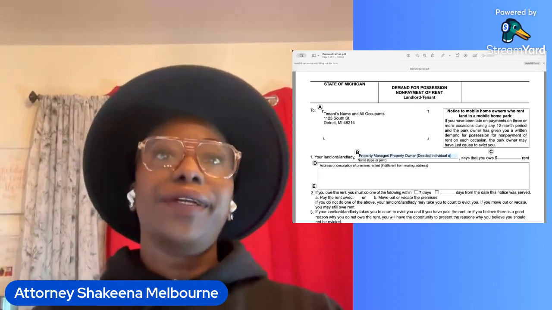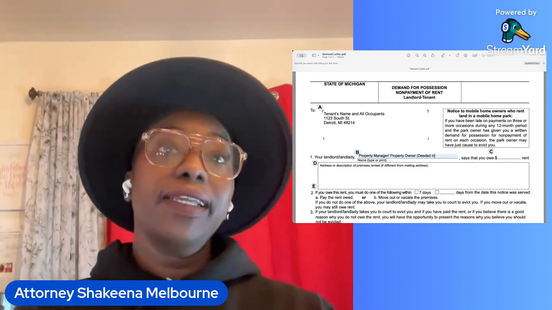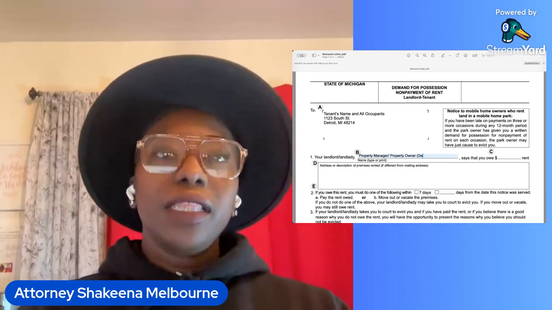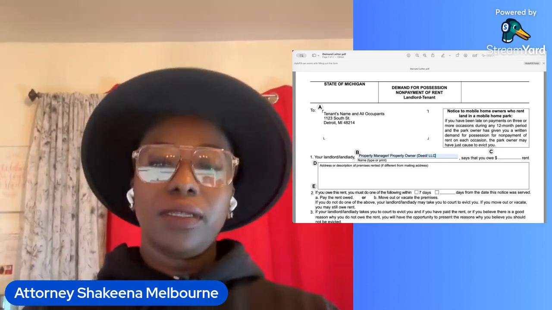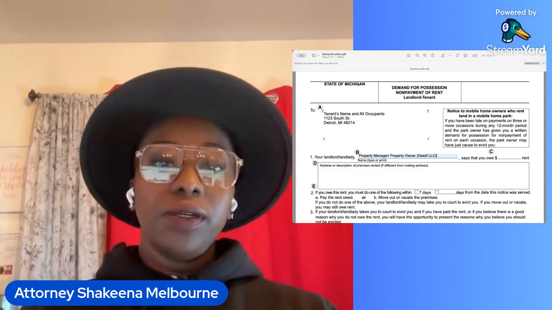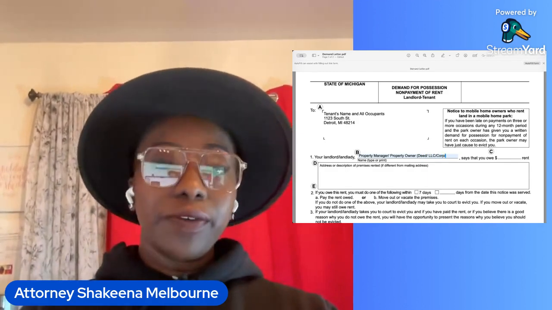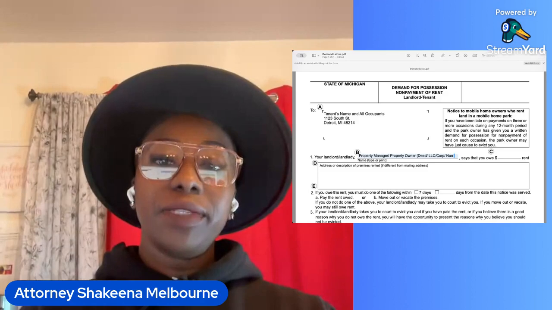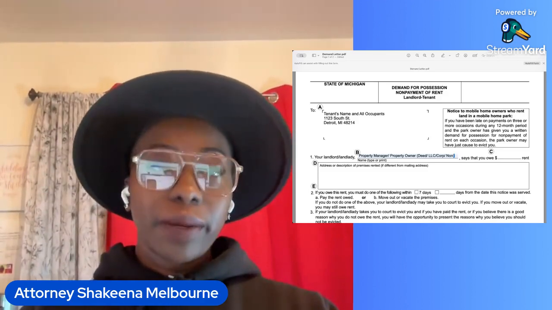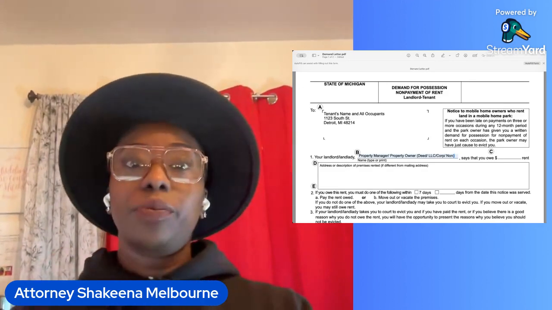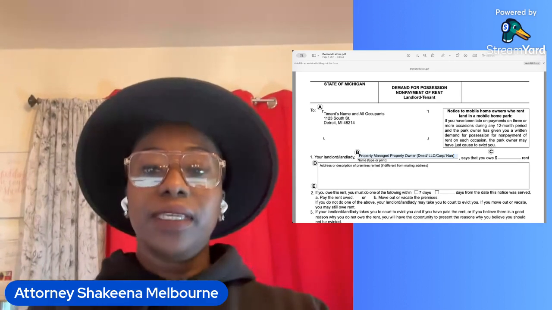My screen don't go that far, the paperwork don't allow me to go that far, but you understand what I'm saying. The individual on the deed, the LLC, the corporation, or the nonprofit, whatever business structure may be deemed the owner of the property, and the property manager, but not just the property manager alone.